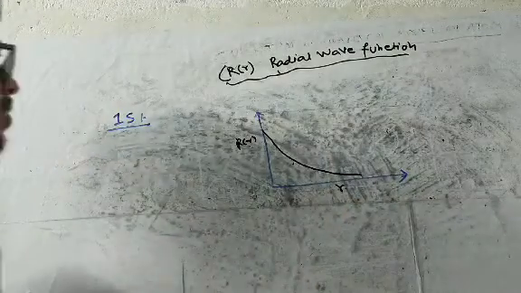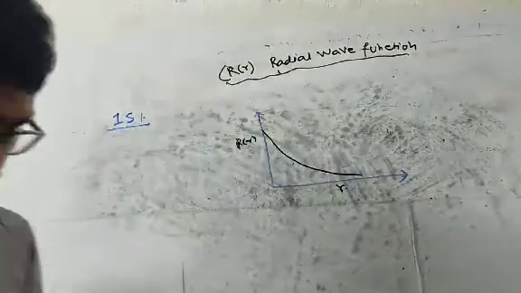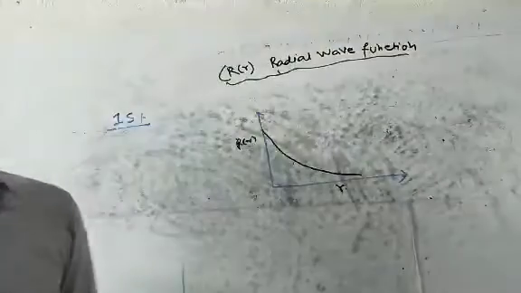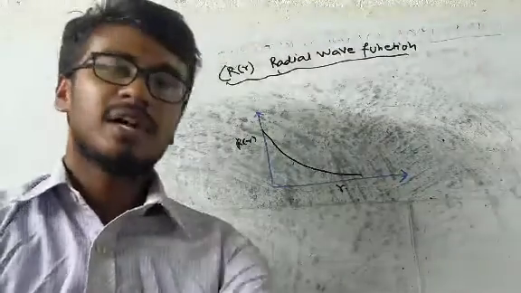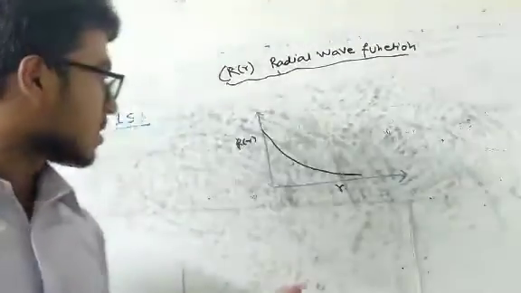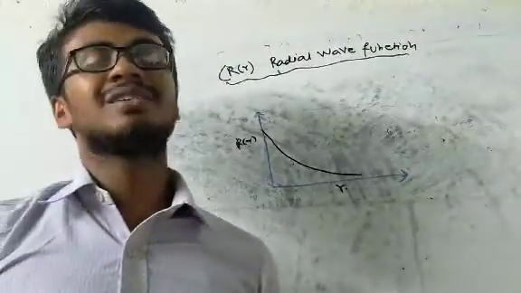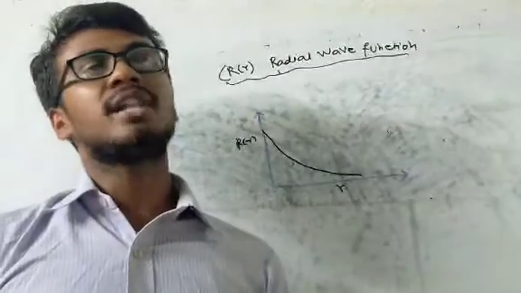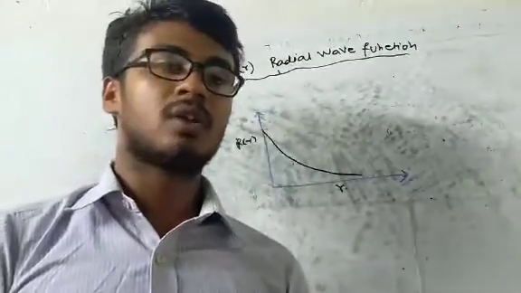Now, what is the importance of psi? In the first lecture we said that psi, the wave function, helps us find the probability of finding the electron around the nucleus.